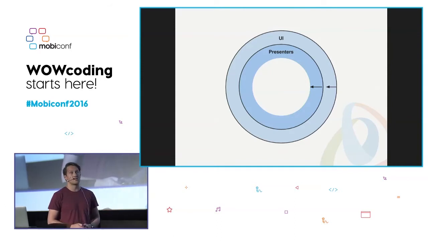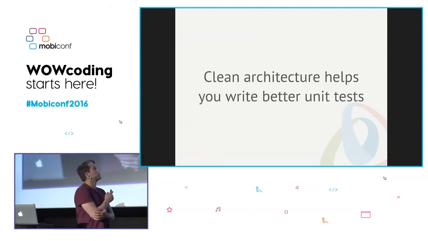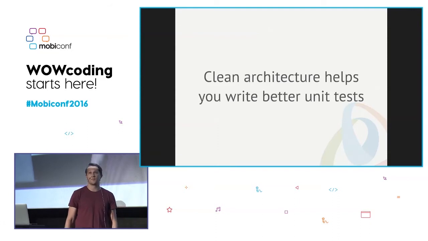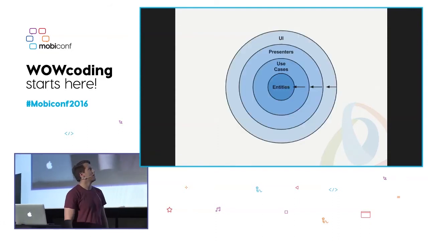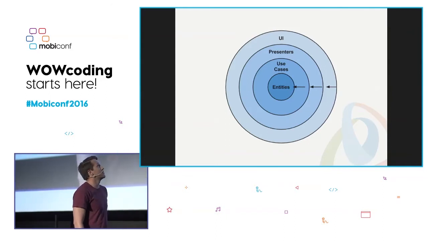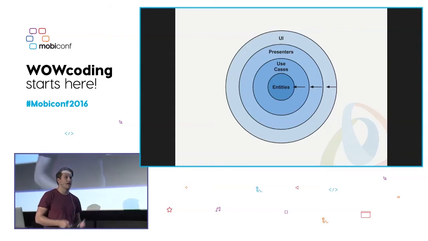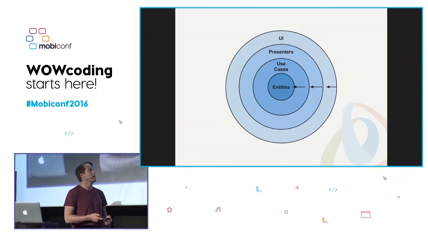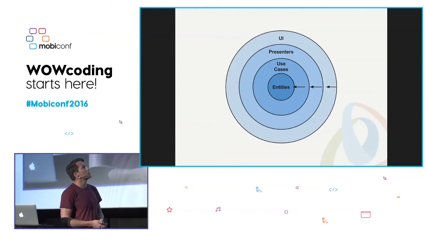or we can do a lot of bad things to our friends. So next one, clean architecture helps you write better unit tests. Who thinks that this is true? Okay, I think that it's not true. Why? Because clean architecture can help you separate the business logic from the presentation logic, from the UI and everything, but you can also make mistakes in use cases.